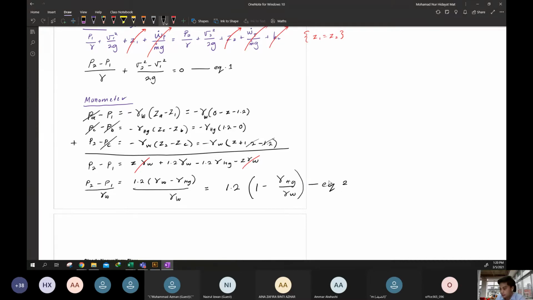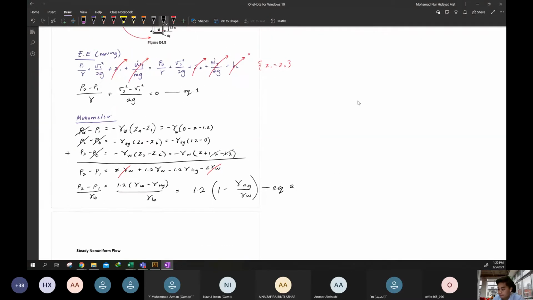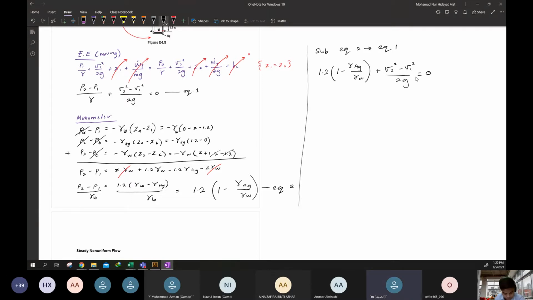Can you substitute equation 2 into equation 1? Yes, right. Alright, so I try to substitute. So 1.2, 1 minus gamma of mercury over gamma of water, plus V_2 squared minus V_1 squared over 2g equals 0.